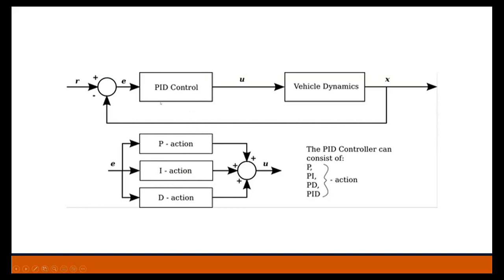A very simple one is the simple up-down controller, a 0-1 up-down controller. That's the simplest control. Then you can have the proportional, the proportional integral, the proportional differential, and the proportional integral differential controller.